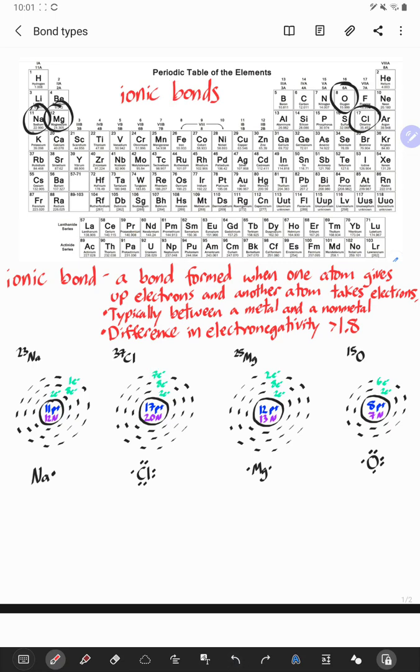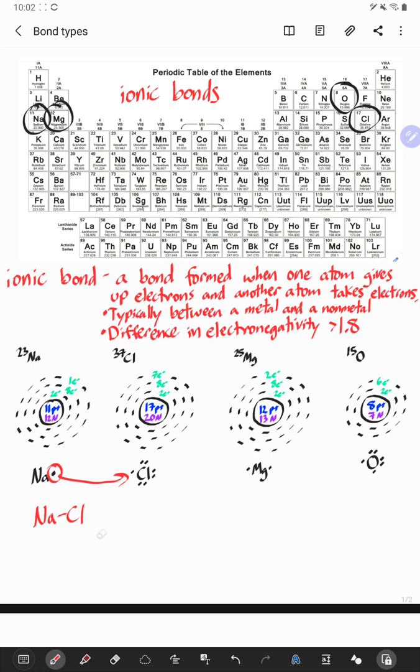So looking at sodium and chlorine, they're going to look at one another and say, hey, we can help each other out. Hey, sodium, what if you give away this electron and I steal it from you? And now sodium is going to have 8 valence electrons, and chlorine has 8 valence electrons, and they formed a bond, sodium chloride, which for now we can represent like this.